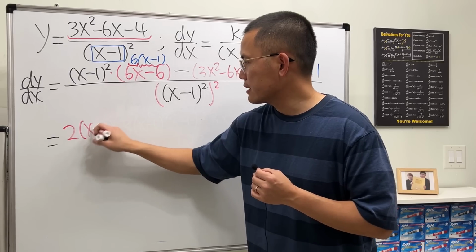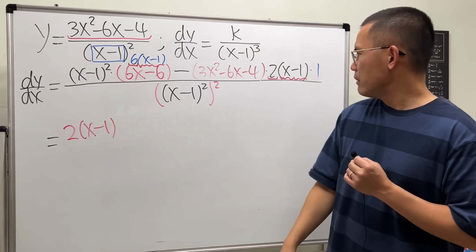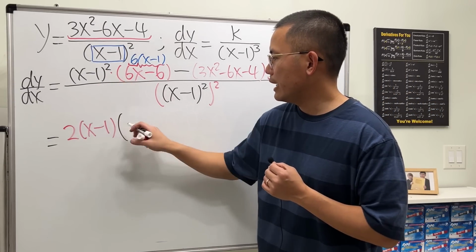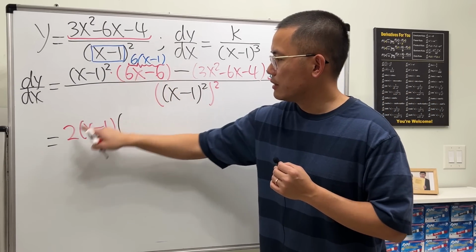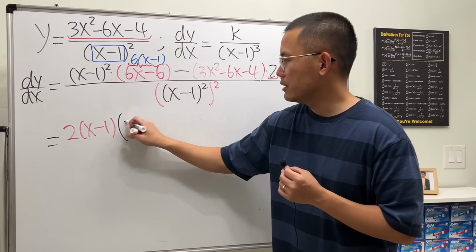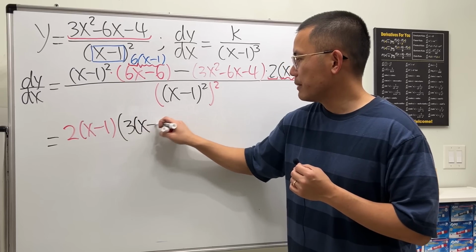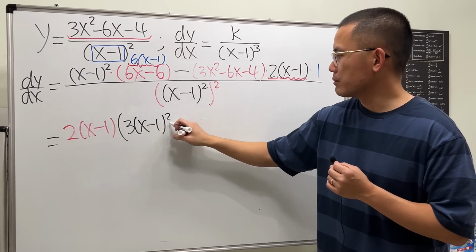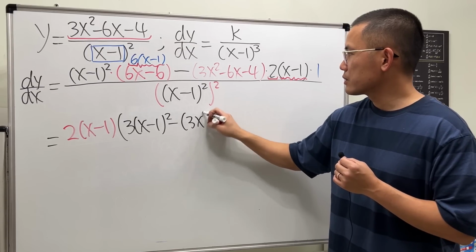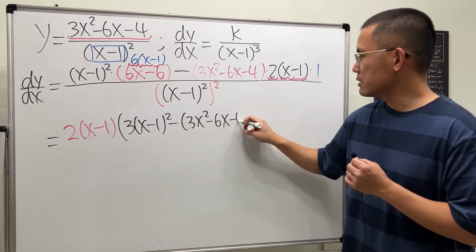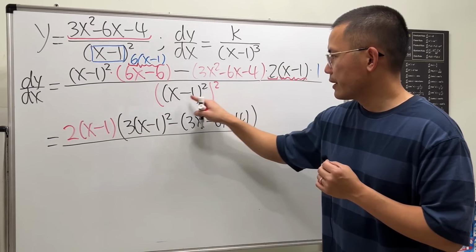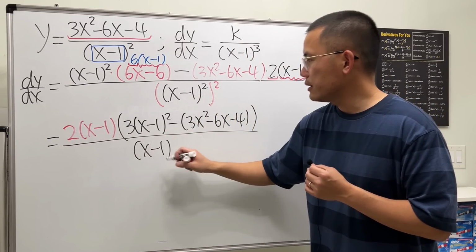And that's about all. So here we have the 6, but we factored out the 2, so it's a 3. And then (x minus 1) squared. And then we have a minus that, so minus parentheses 3x squared minus 6x minus 4. Okay, and then all over here is x minus 1.